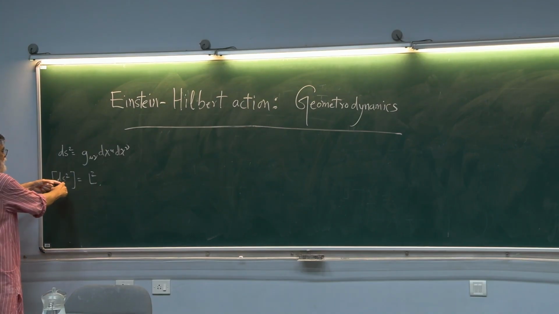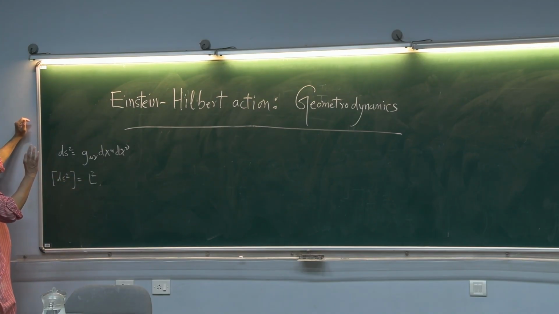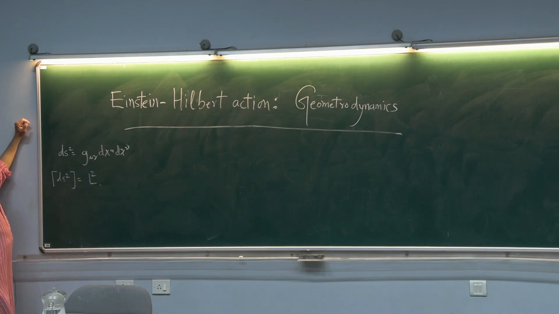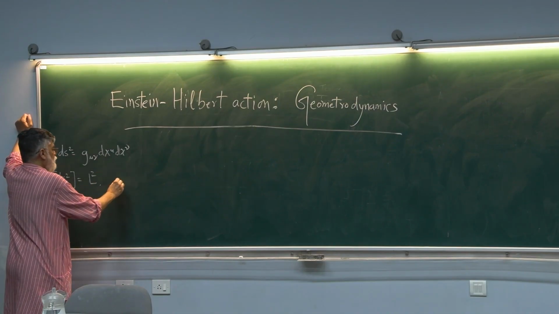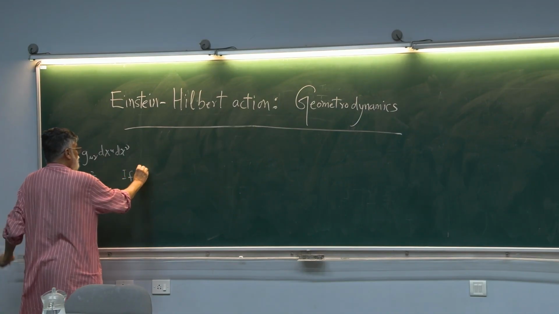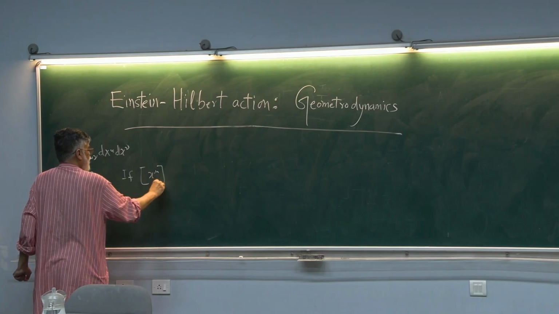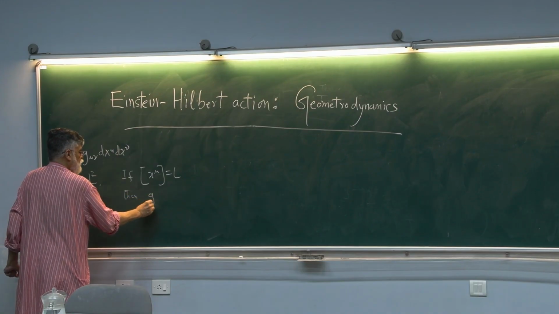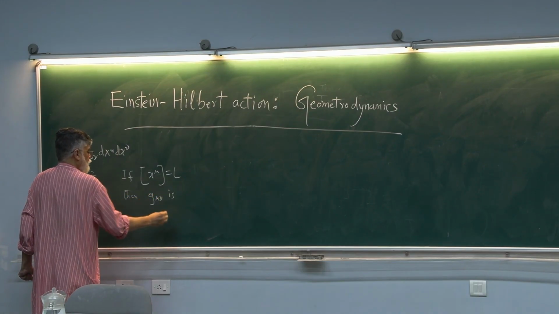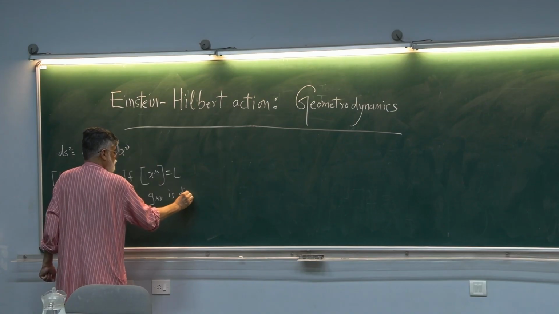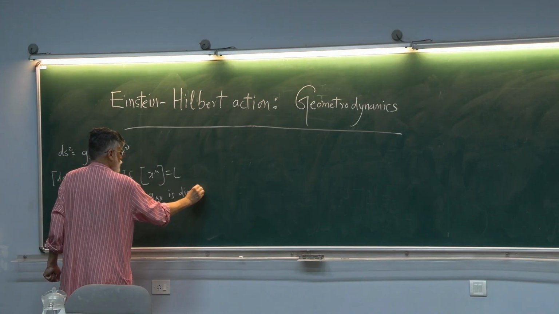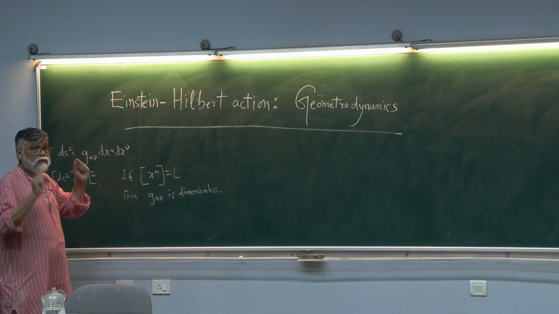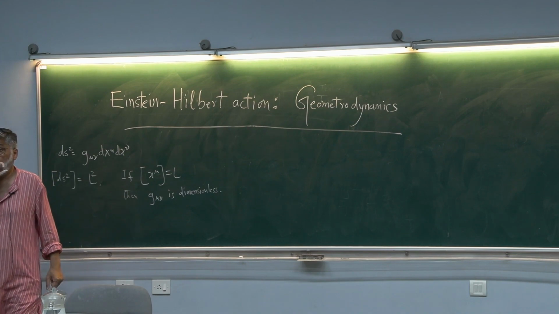Coming back, we know ds square has dimension length square. So suppose I choose my coordinates such that x^mu has dimensions of length, then g_mu nu is dimensionless. Okay, all right.